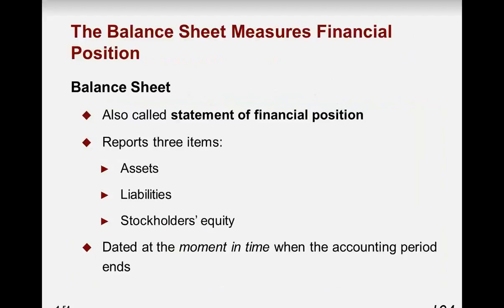If I were looking at my financial statements for the year end of 2014, my balance sheet would say December 31st, 2014. My income statement would say for the year ended December 31st, 2014, as would my cash flow and statement of retained earnings, because they are for a period of time, whereas the balance sheet is for a moment in time, or a snapshot in time, a specific date.